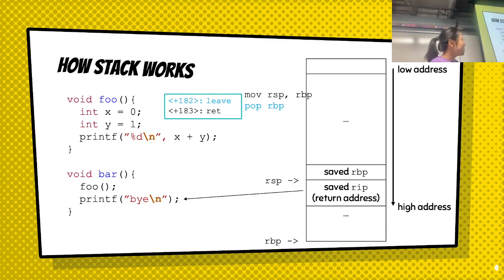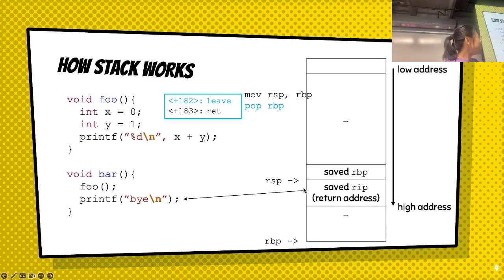Okay, cool. And then the next is going to be return, right? Return means that you want to pop the value. It's equivalent to pop RIP and then jump to RIP.